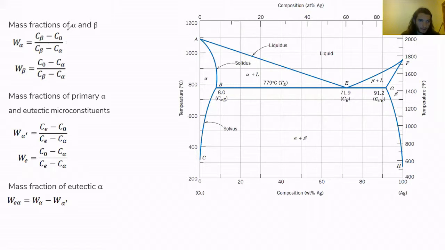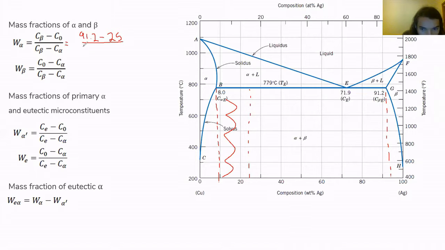To find the mass fraction of alpha and beta, we use this formula, which is the composition of beta, between 25 and 90 and this point, which is 91.2 minus 25, over this section, or all this section.